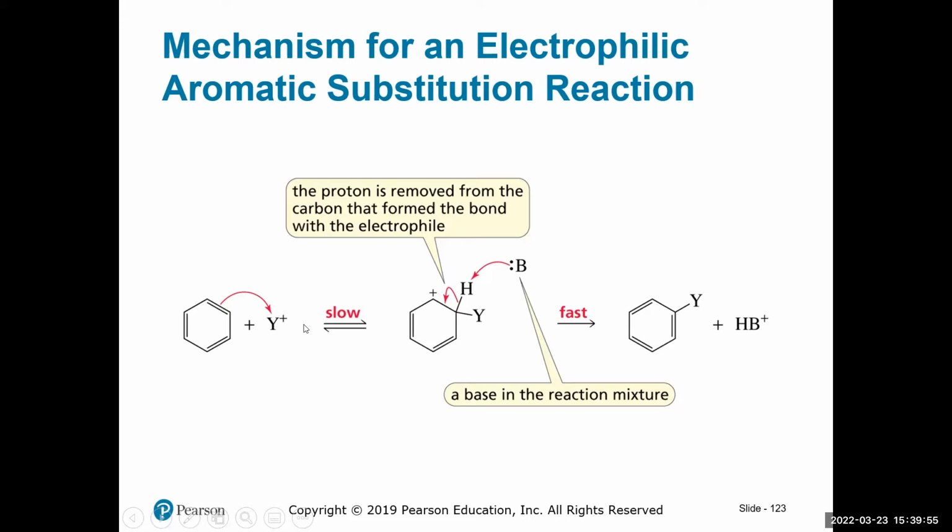Then that's going to be our initial or slow step, and then in this case the bromine, the Lewis base, is then going to contribute its electrons to that hydrogen. That hydrogen is going to contribute it to restore that bond. And so then you're just going to get that substituent being added on directly to the ring structure.